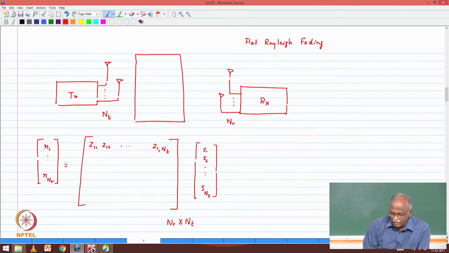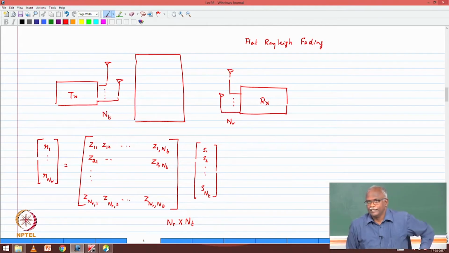So, basically all of these coefficients are the ones that will contribute to R1. Similarly, there will be Z21 to Z2 comma NT. Okay. Again, this is notation that will be very helpful for us to visualize. And the last of these will be ZNR comma 1, ZNR comma 2, dot dot dot, ZNR comma NT. Okay. So, keep in mind that this is the channel if it is a flat fading channel.